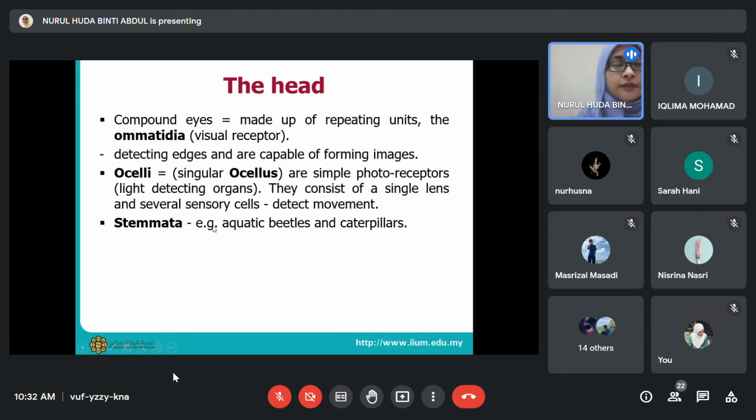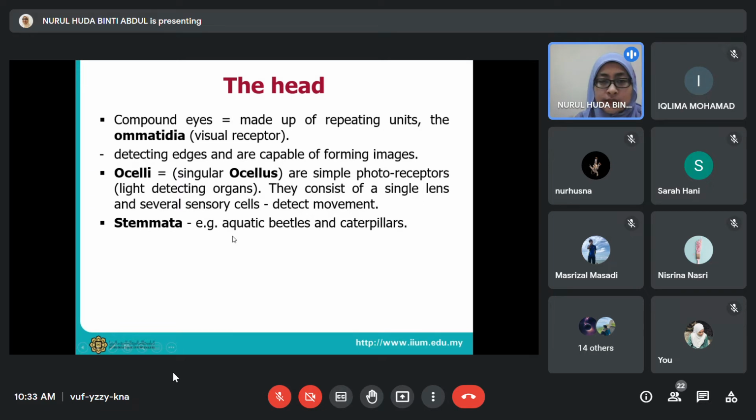And then some of them also have stemmata, especially in aquatic beetles and also caterpillars. So stemmata are almost similar to ocelli. It's a very simple photoreceptor.